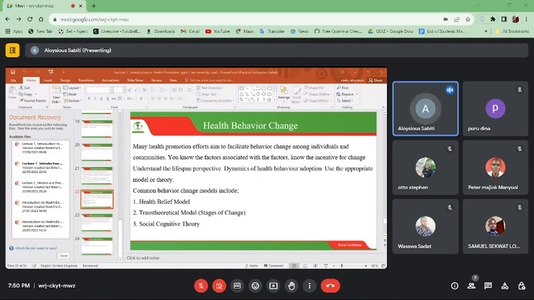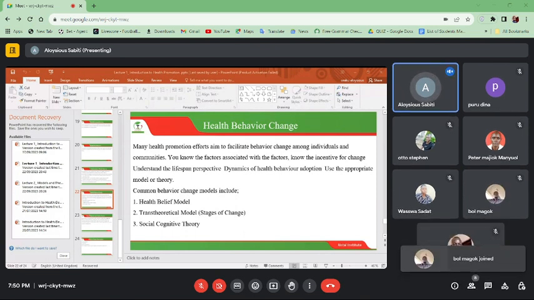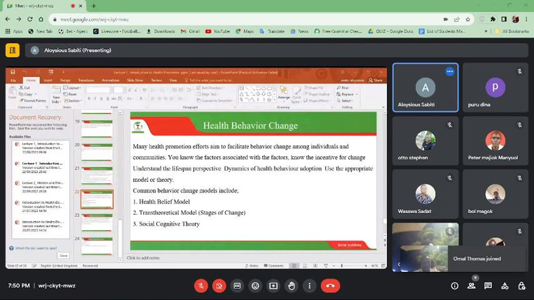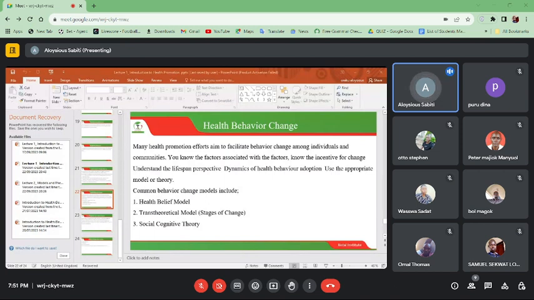So before you theorize a particular thing, you must have a concept. If you're going to do research, then you must be able to conceptualize that these are the variables that I'm going to look at and how they influence maybe malnutrition.